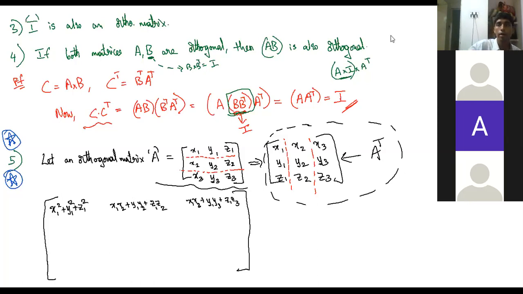ठीक है. Now next column. Plus y2 square plus z2 square. Yeah, I'm just writing it in this way. Is that okay? Sigma x1 x2. What will this become? ये टर्म क्या होगा?